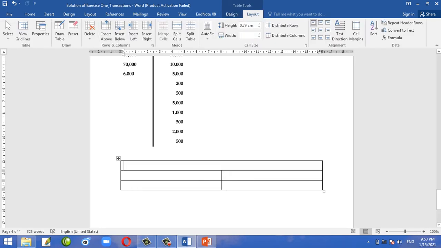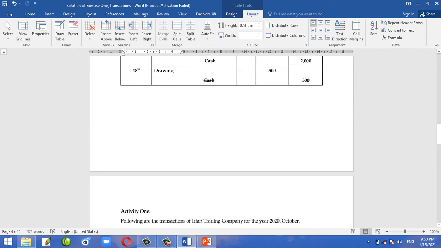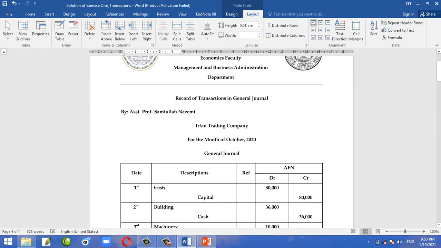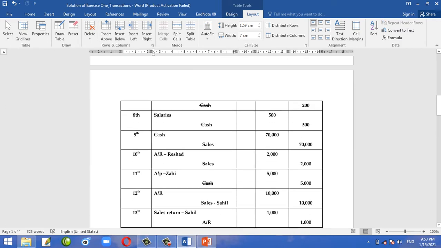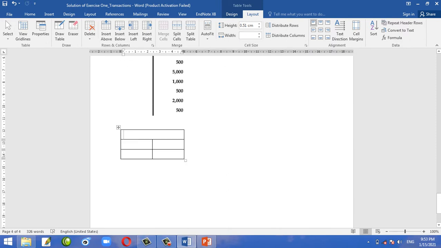You have to write the name of the account here. The first one was cash. Now the second one is capital. So you can write here second number is capital.